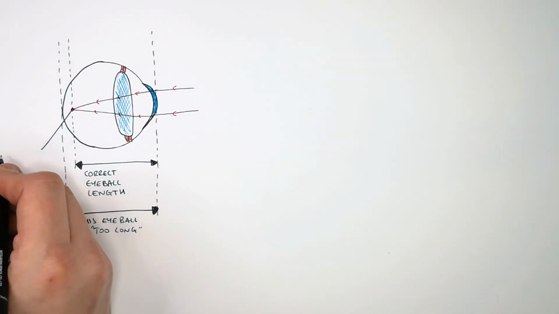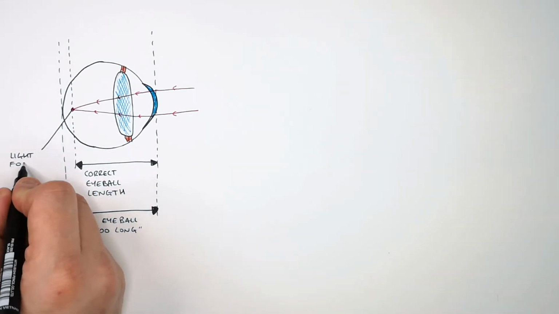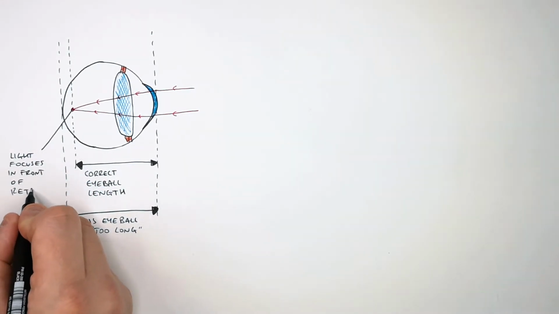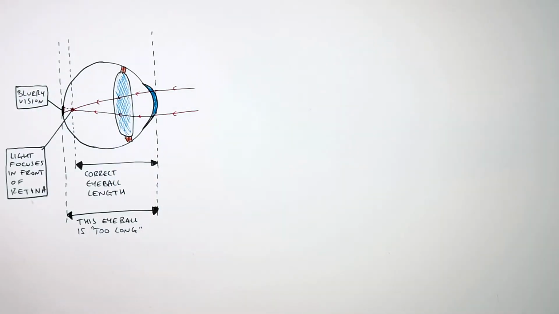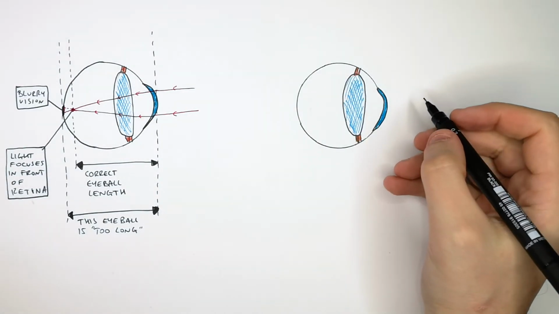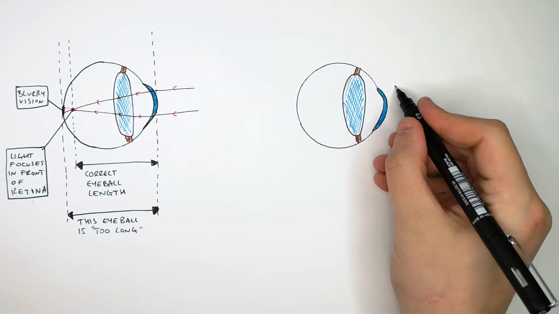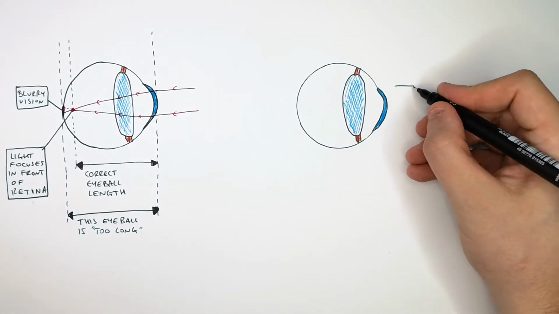However, this eye is too long, so the light is focused in front of the retina. This will lead to blurry vision. This is because the light is not focused onto the retina and the image will appear blurred. So this is for people who are short-sighted trying to focus on objects in the distance.